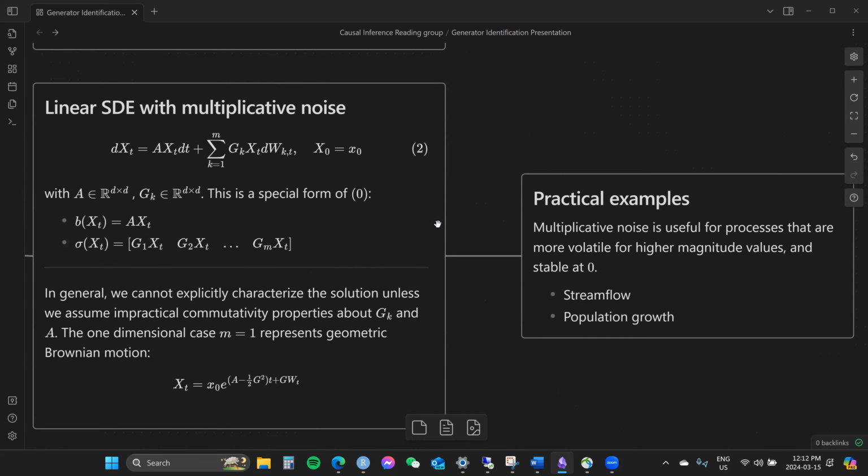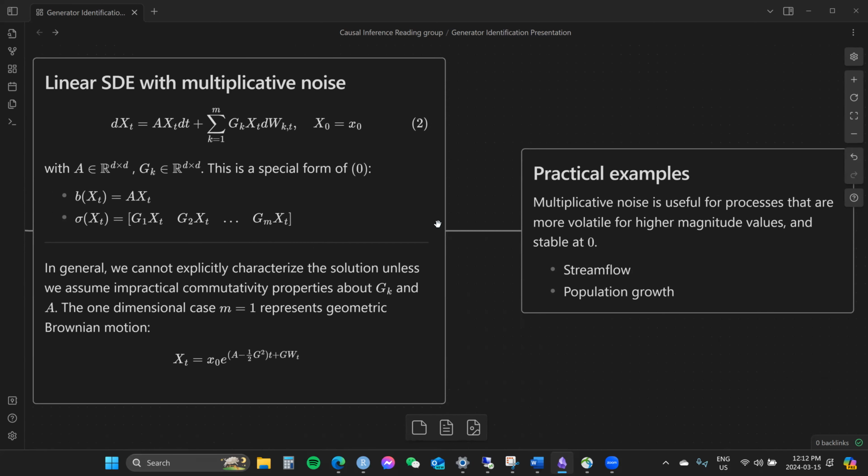The next case we have is the multiplicative noise case, where now we have basically the same drift term plus a noise term where you have a sum of linear functions times the process itself, Xt, times the differential of the Brownian motion term.